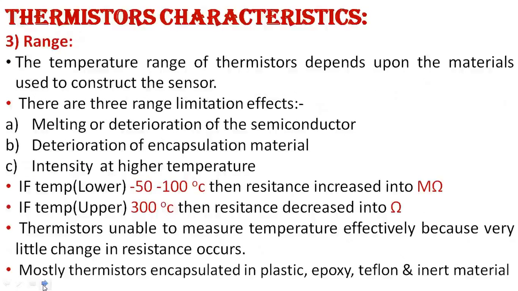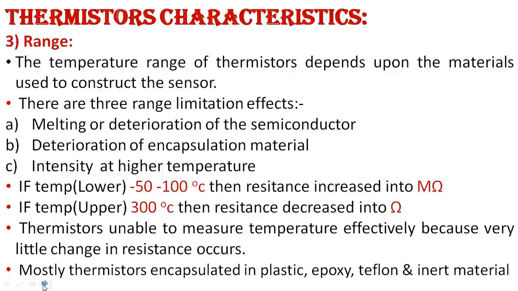Next characteristic is range. The temperature range of a thermistor depends on the materials used to construct the sensor. There are three range limitation effects. First, the melting and deterioration of the semiconductor, and deterioration of encapsulation material at higher temperature. If temperature is lower, around -50 to 100 degrees Celsius, the resistance increases into mega ohms.